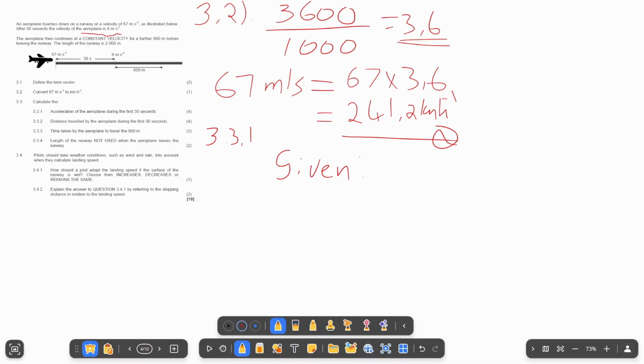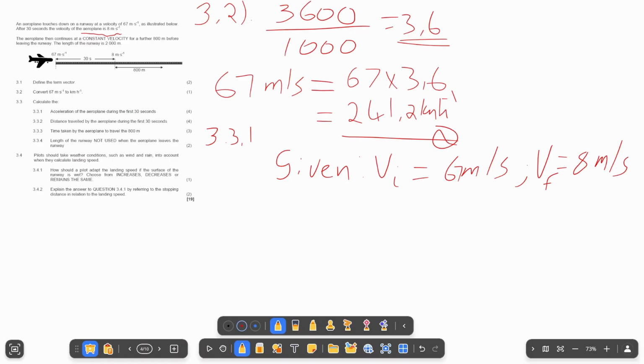I'm given the initial velocity Vi, which is 67 meters per second. I'm also given the final velocity for the first 30 seconds, which is 8 meters per second.